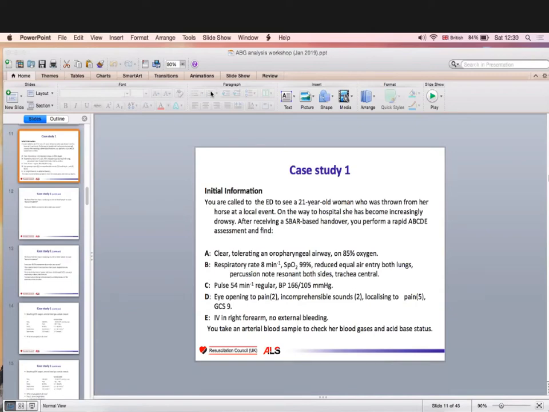If the patient is on 85 oxygen, that means the inspired concentration of oxygen is 85. That means if you take the expected partial pressure, it will be 85 minus 10. That means 75 kilopascal. And if you multiply 75 by 7.5, how much will it be? Something in the 400s, isn't it?